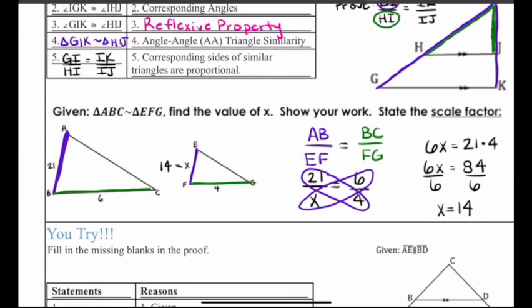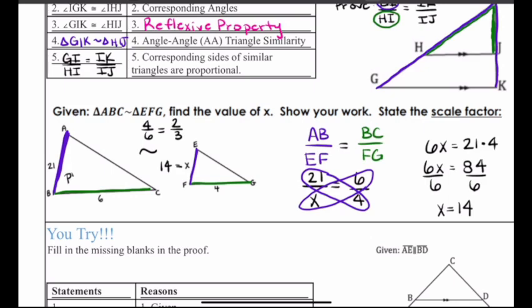So we can go ahead and take the division of 6 over 4. Well, actually in this case, since ABC is similar to EFG, that means EFG was after. So you would have to do 4 divided by 6 to get the scale factor because it got smaller. So this is 2/3. Okay.